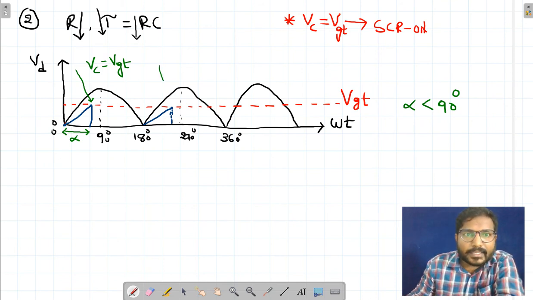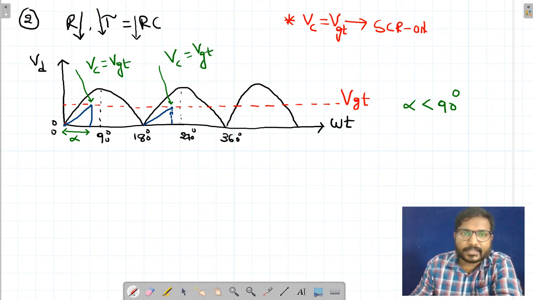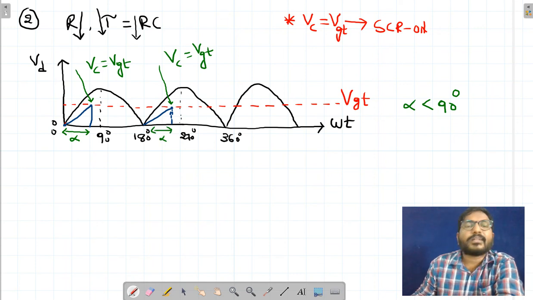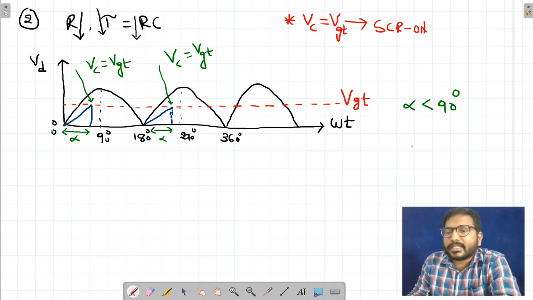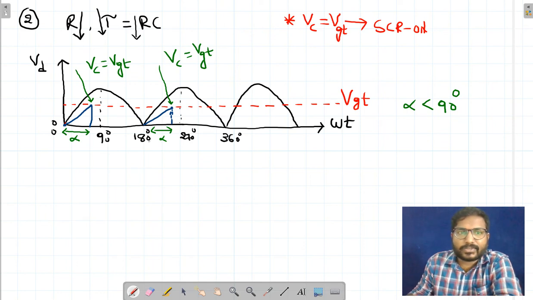At this particular instant, VC matches VGT. So this is the favorable condition to trigger the SCR. This is the delay angle. So this is about at what instant the SCR is triggered: at alpha less than 90 degree. So observe this.